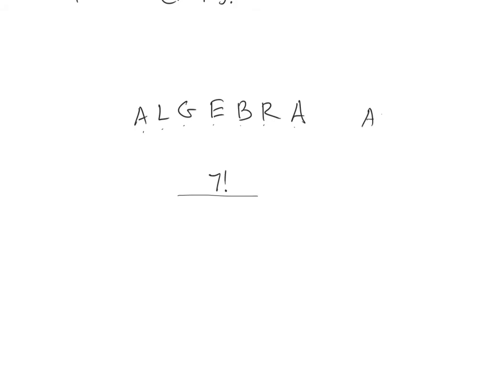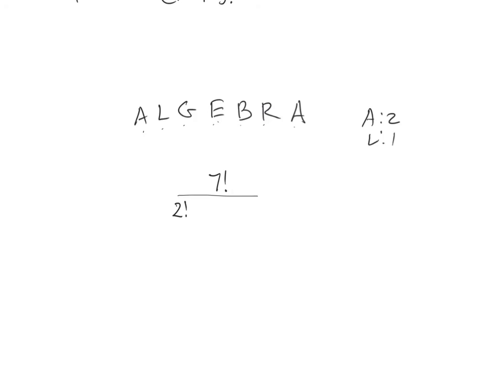A's, there are 2 of them, so we want to divide by 2 factorial. L, there is 1 of them, so we don't really need to divide by 1 factorial. It's just 1. So L, G, E, B, and R all have 1 factorial, so I'm just going to stick with just the 2 factorial.